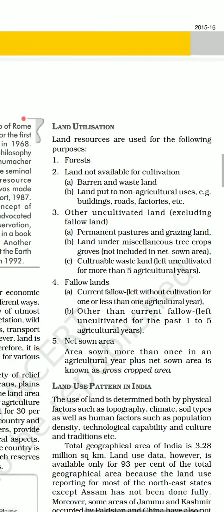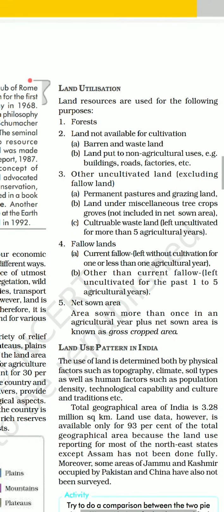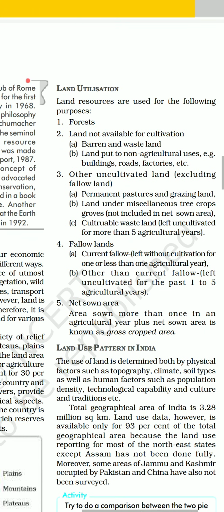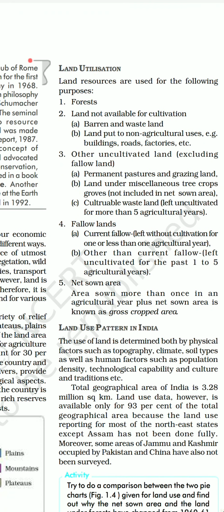Then the next is explaining land utilization. Land is utilized for forest, land not available for cultivation, other cultivated land, and fallow land. Fallow land again has a division: current fallow and other than current fallow, then net sown area. Here, to maintain the ecological balance, 33% of the land needs to be preserved as forest area.